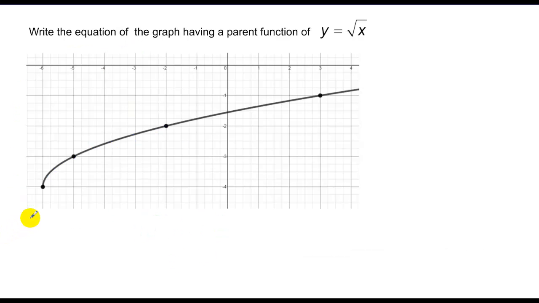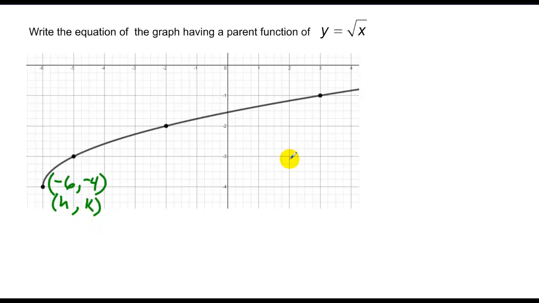Finally, we're going to take and write the equation of some of these graphs based on these parent functions of root x. So I notice right off the bat I have -6, -4 having an h, k.